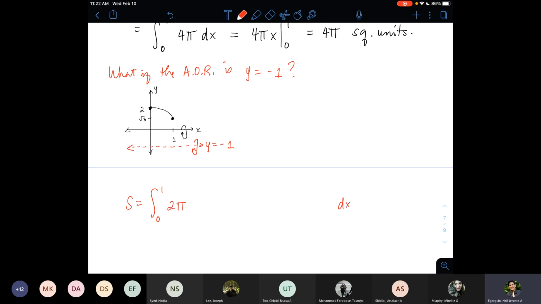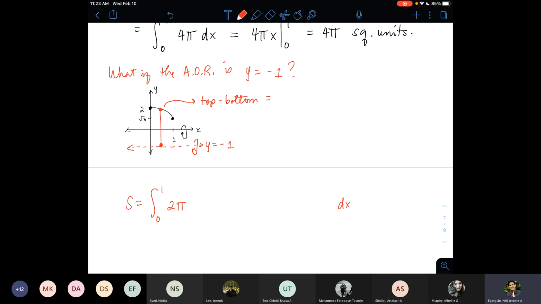And then you still have the constant 2 pi, but the radius will change, because the radius now is how far a point on the curve is from the axis of revolution. If you draw that radius, it goes from here until the AOR. But again, that is just a vertical strip, and remember, we are measuring vertical strips using our good old formula, top minus bottom.